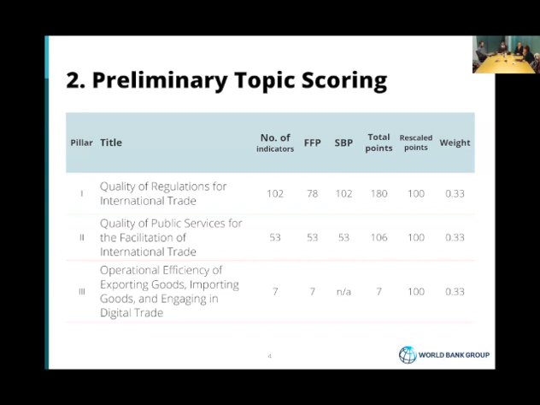Some of you may wonder what acronyms FFP and SBP on these slides mean. They refer to what we call firm flexibility points and social benefit points. And to zoom in a bit more, and again, for those of you who may be interested in our scoring, if we take the example of Pillar 1, we see that there's a total of 180 points based on 102 indicators.